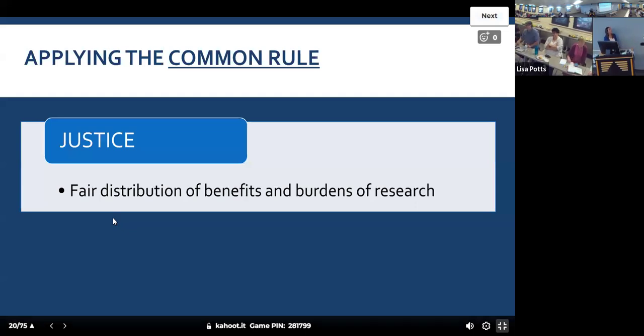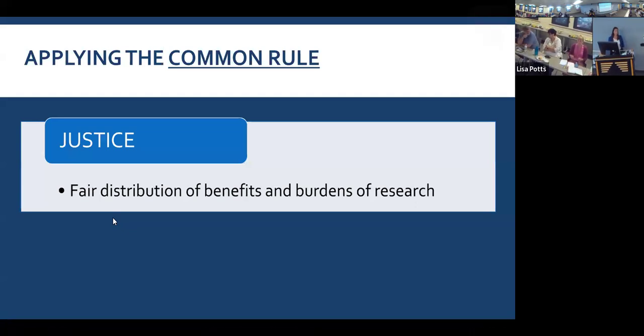So the last principle that we're considering is justice. And I do think this is probably the most overlooked. I don't know, the other REC members can chime in, but this is something that we need to consider: is the proposed research fair in terms of the target population?